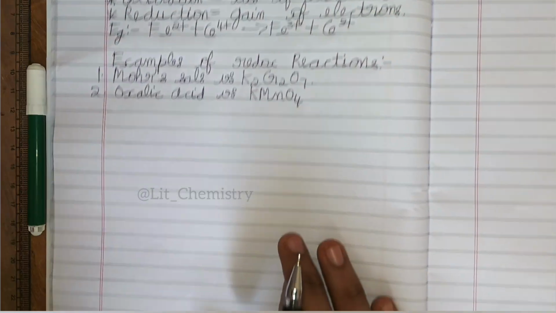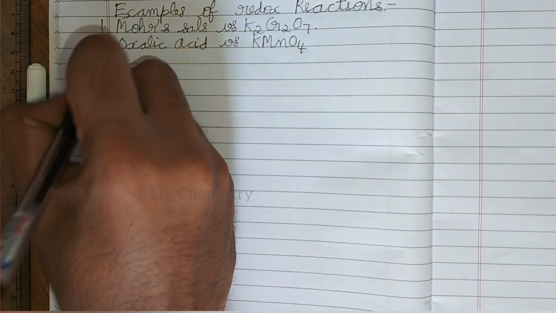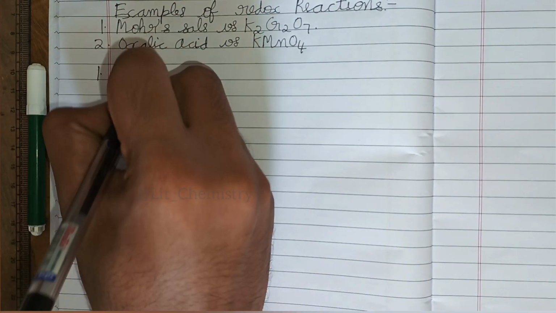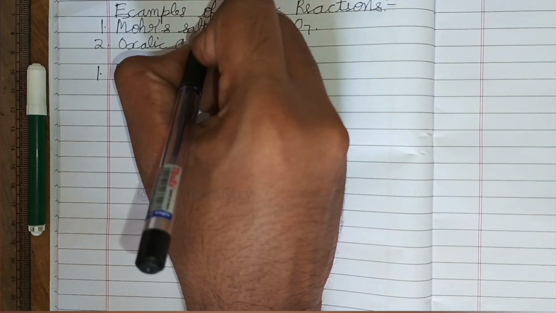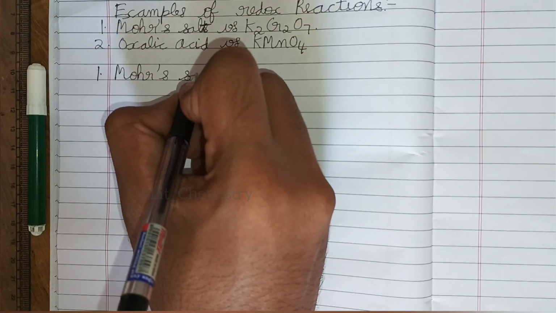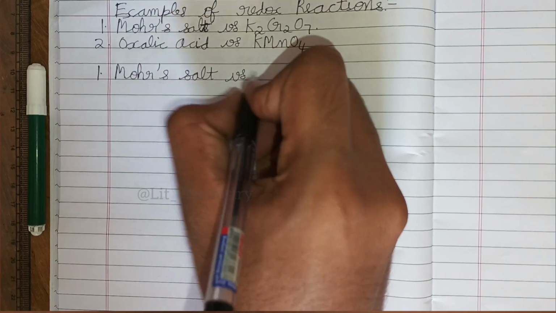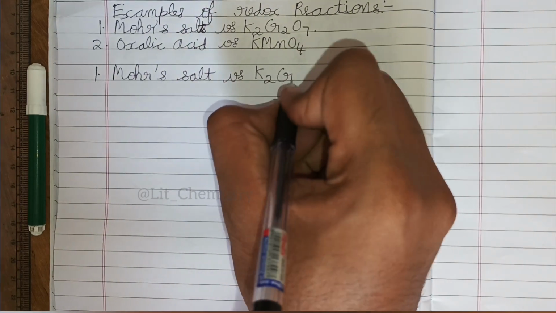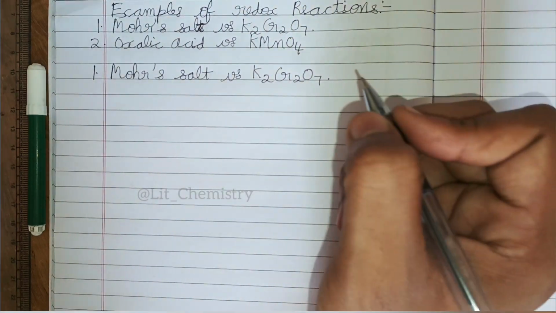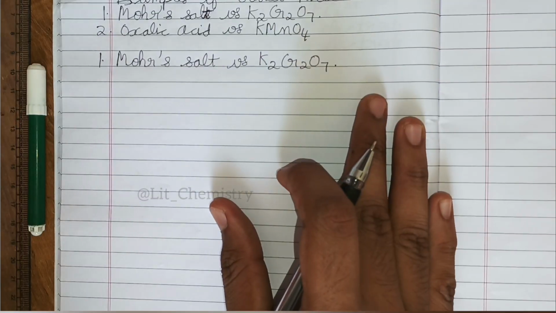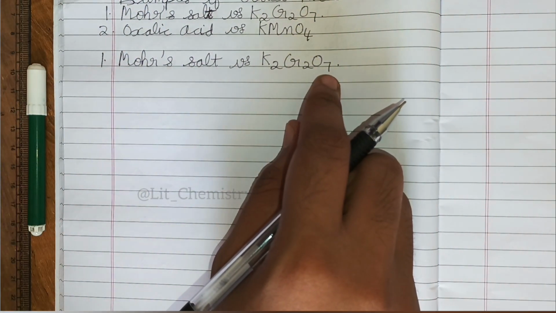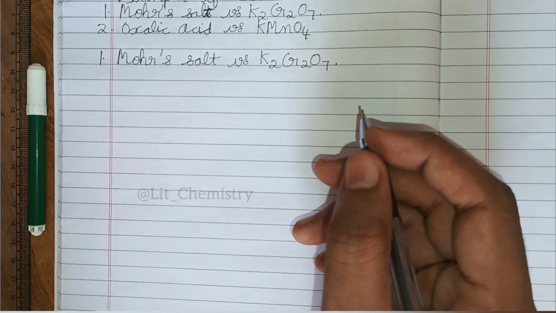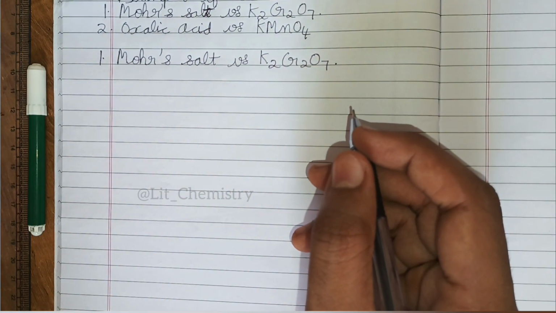So let's begin with the first one, that is Mohr's salt versus K2Cr2O7. K2Cr2O7 is a strong oxidizing agent and oxidizes Fe2+ to Fe3+.